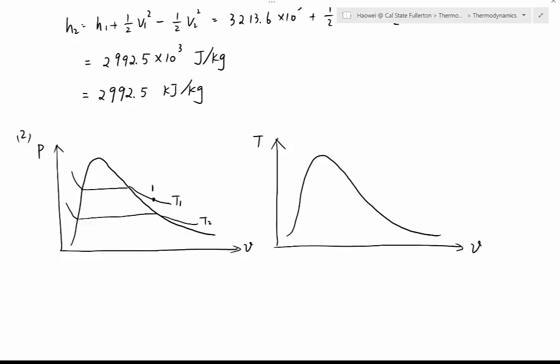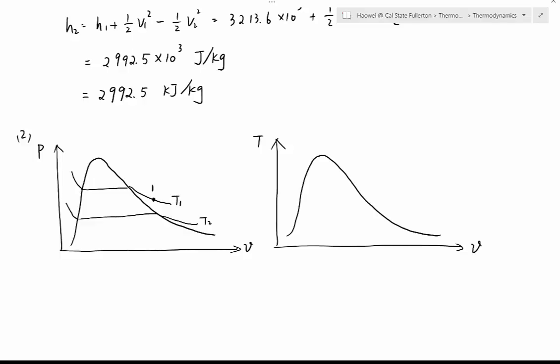For example, can you recall we gave you the actual specific internal energy, u, and then you compare this value to uf and ug. If your actual u is between uf and ug, then we say it must be a mixture. If your actual u is even higher than ug, that means the substance must be at superheated state.